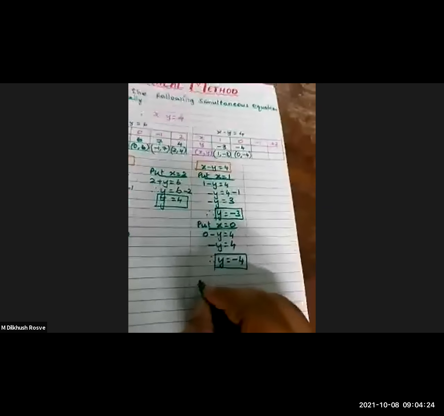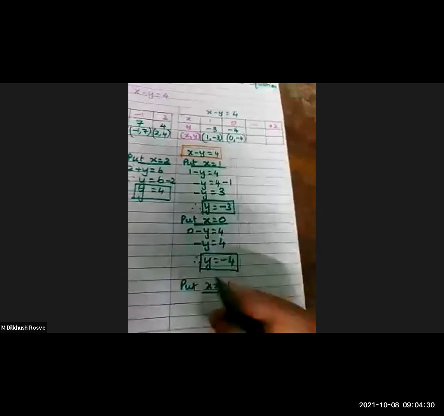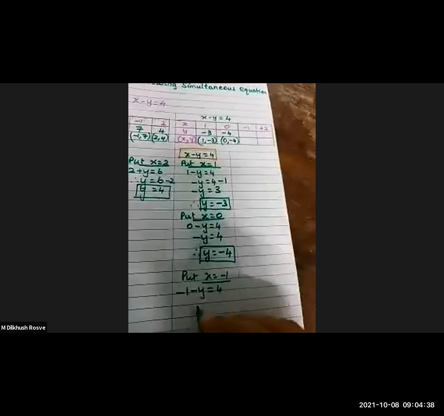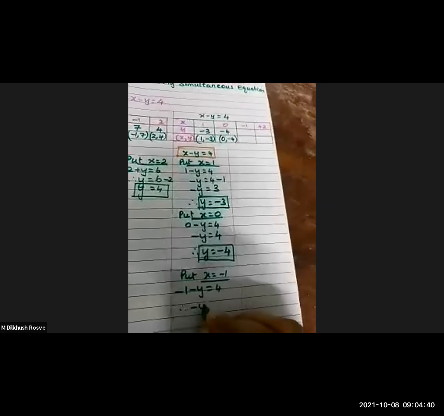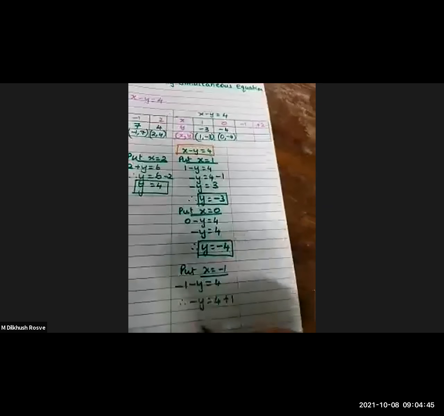And now the next one. Put x equal to minus 1. Now I have taken minus 1. So here in this x place, you substitute minus 1. Minus 1 minus y equal to 4. Therefore, minus y equal to 4, this minus 1 comes this side, becomes plus 1.